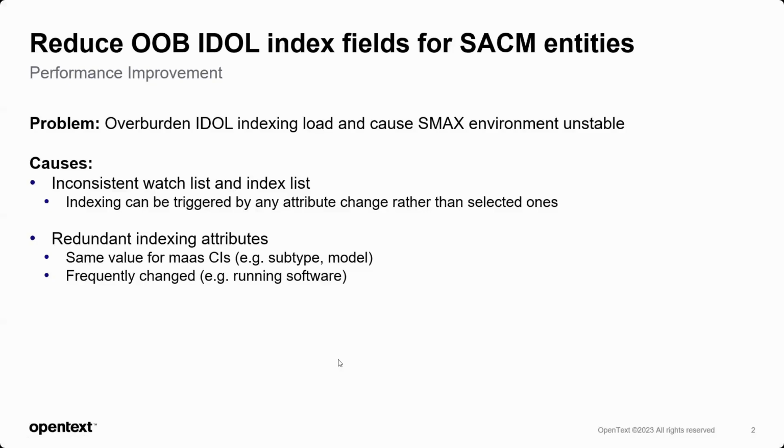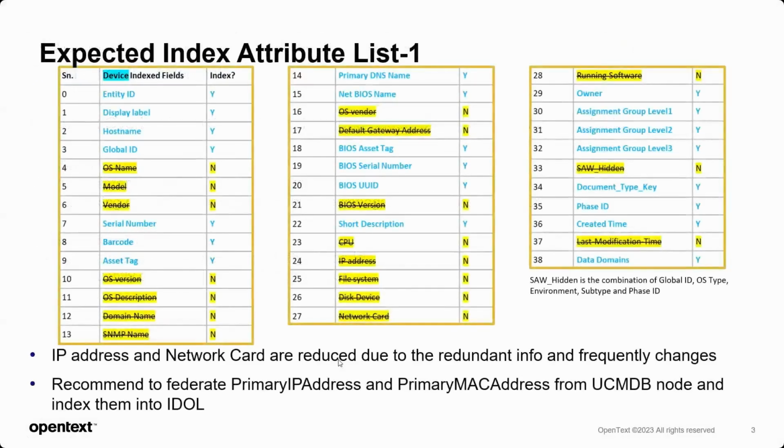The second cause is there are lots of redundant indexing attributes which are not required. For example, this is a watch list for device. You can see that there were 38 attributes in the list, but now we have reduced them to 21 fields.